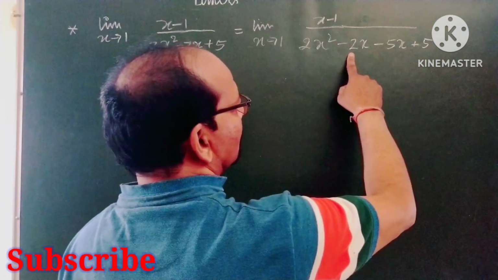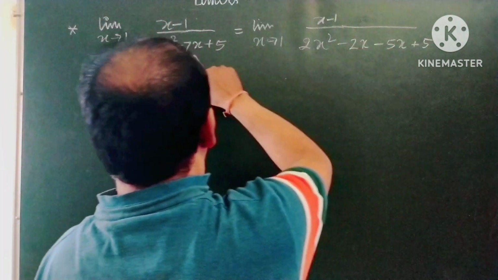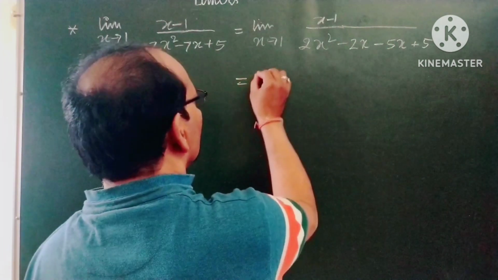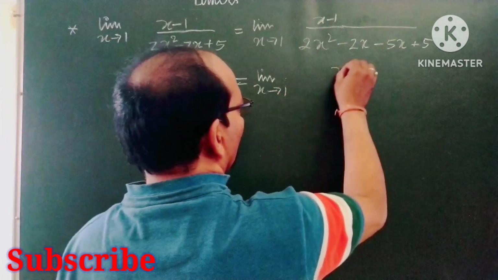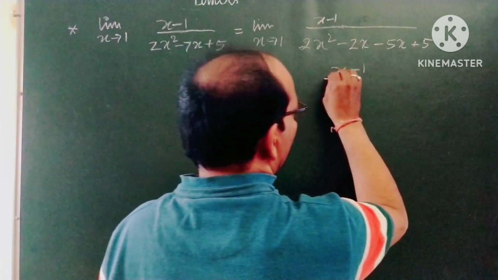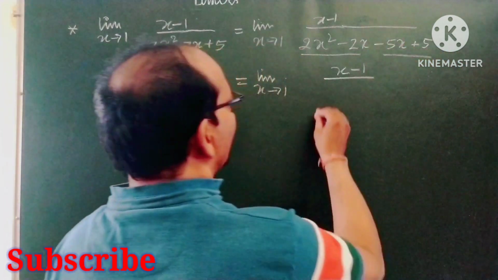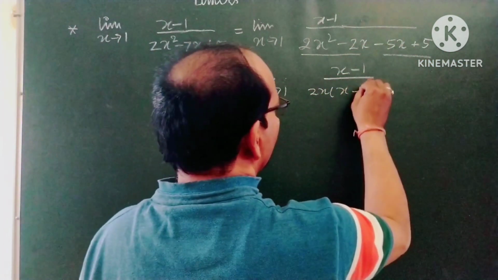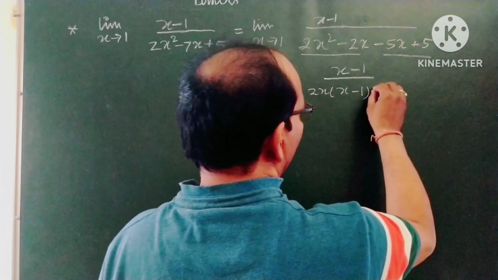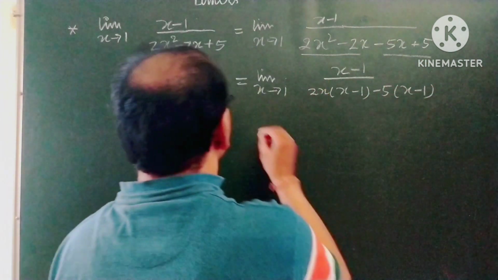There will be minus 2x minus 5x equal to minus 7x. Therefore limit x tends to 1, the numerator is x minus 1, and taking common from the first two terms we get 2x into (x minus 1), and minus 5 into (x minus 1).